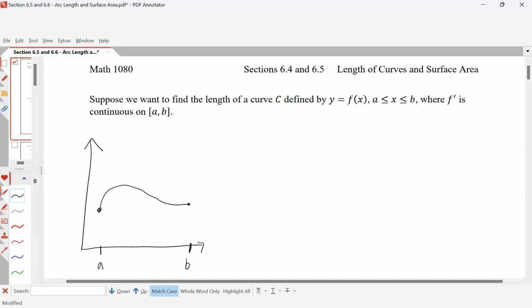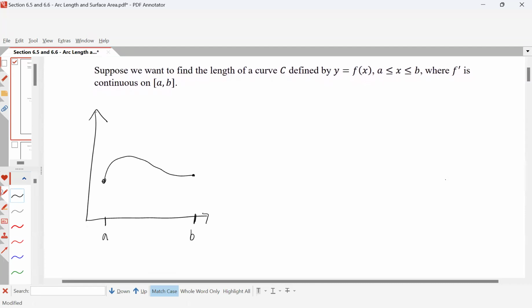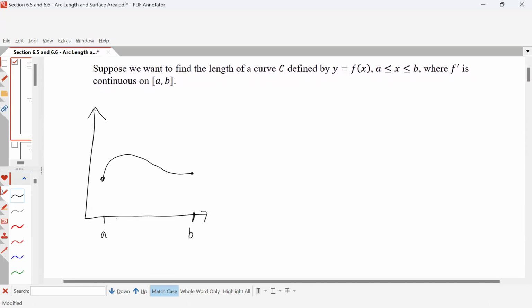Well, using the strategies of integrals, we can slice up our interval into small little sections of these x sub 1, x sub 2, and look at just any generic section from slicing up that interval.